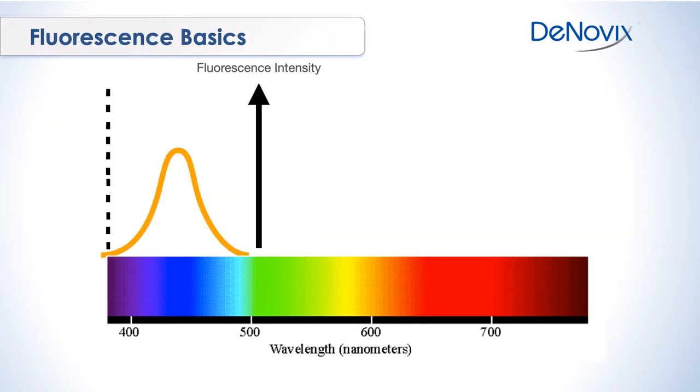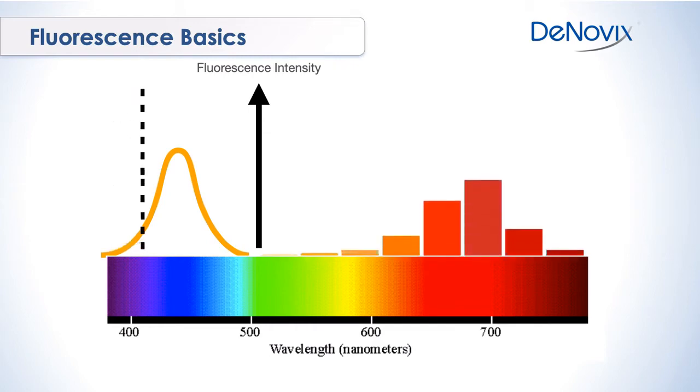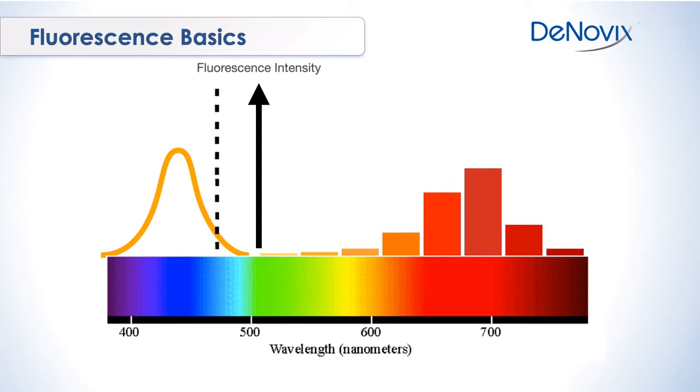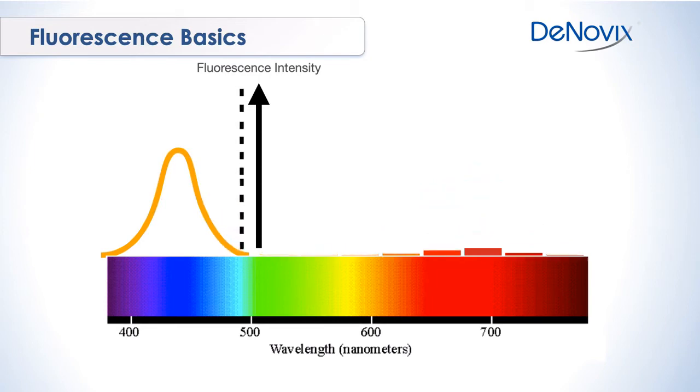And the importance of this is shown in this next slide. What this slide will show you is, as we excite approaching that maximum, we'll see the difference in fluorescence intensity appear on the right hand side. As we increase the wavelength, you'll see that the fluorescence intensity increases up to this maximum point, and then it decreases again as we go beyond that maximum and down to almost zero.